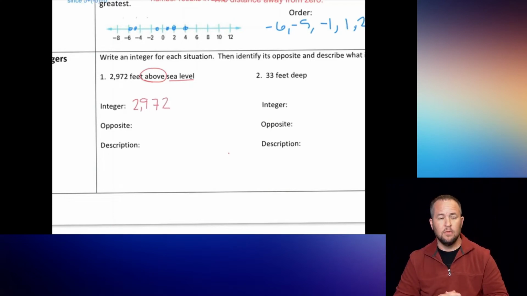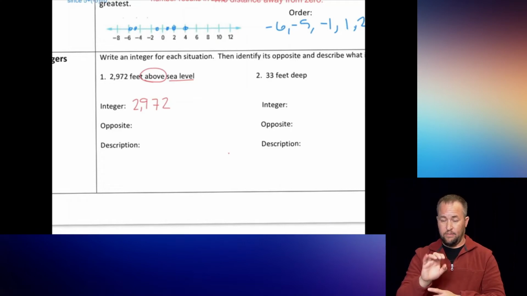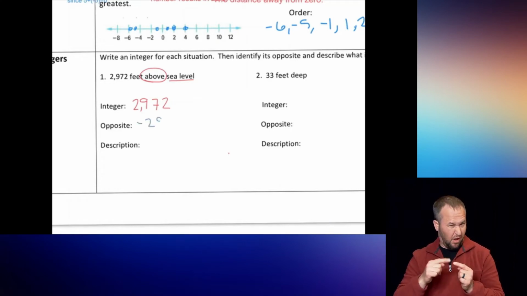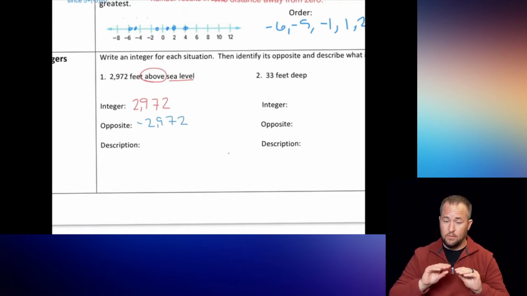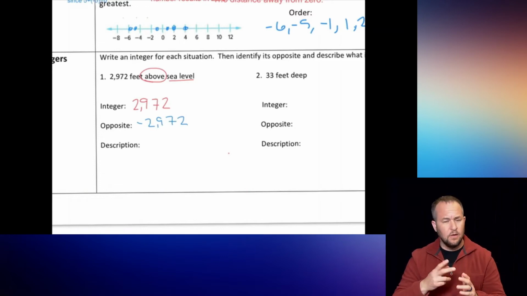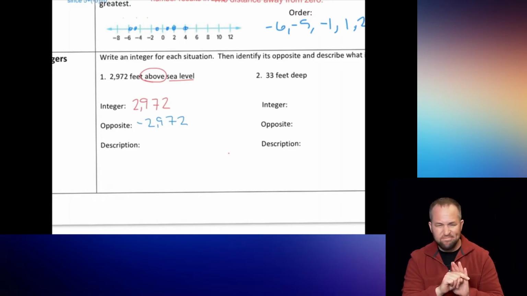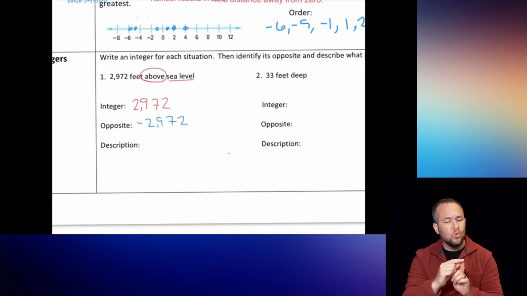Our additive inverse, or the opposite, would then be negative 2,972 feet. However, when I'm describing and explaining that meaning, I'm not actually going to use the negative. I'm going to use words that would describe that to be negative.